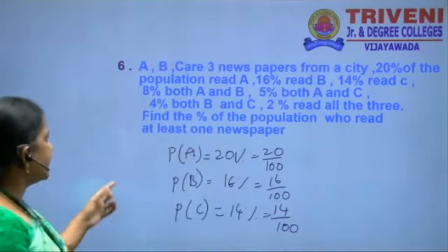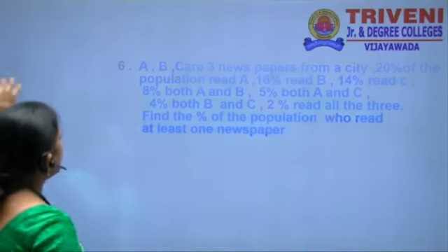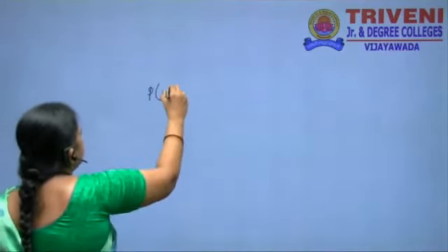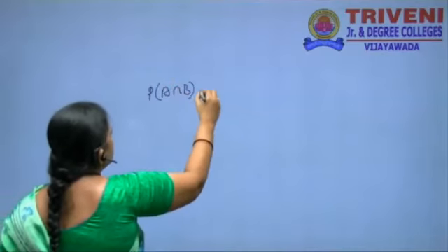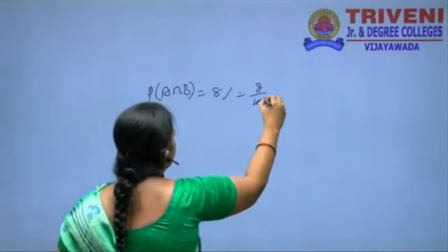Then also we can get both A and B, that is P of A intersection B is equal to 8%, that is 8 by 100.